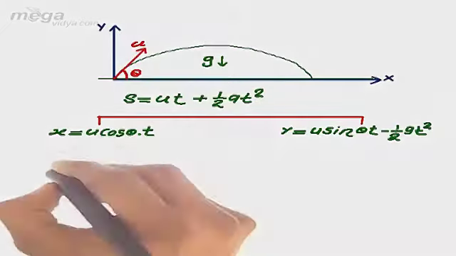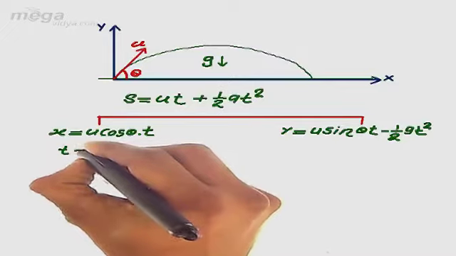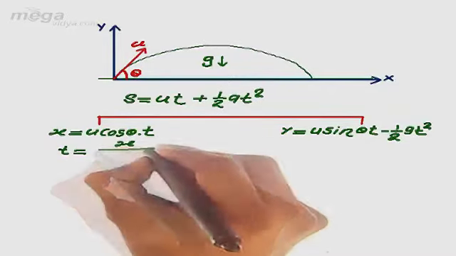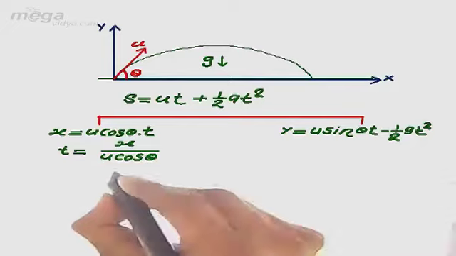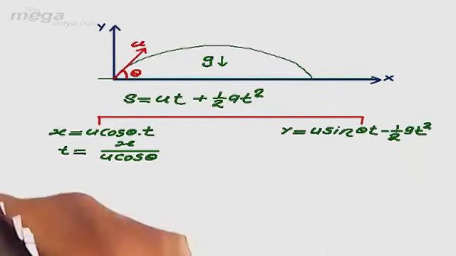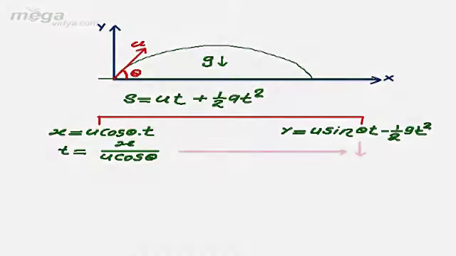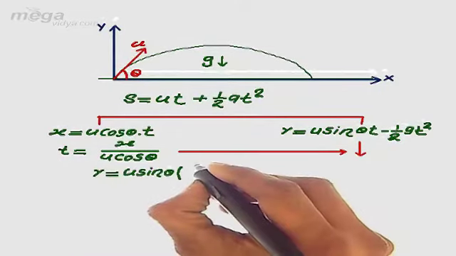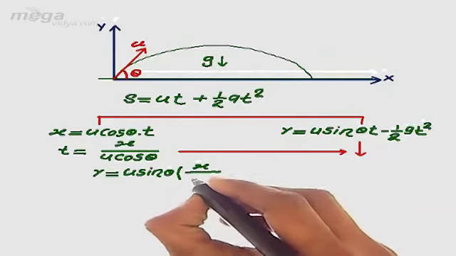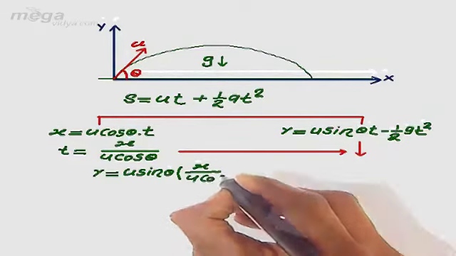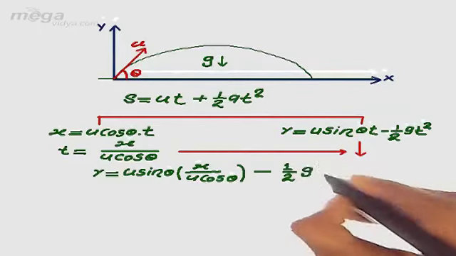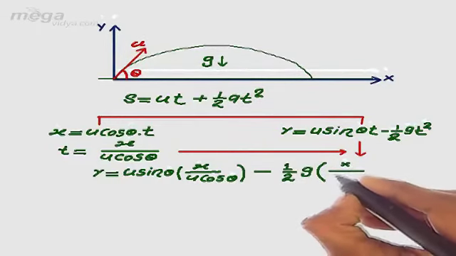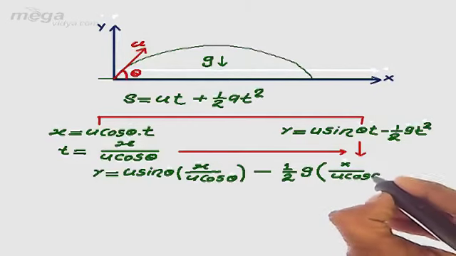If we obtain the value of time from this equation as x upon u cos theta and put it into the equation y equal to u sin theta t minus half gt square, then we get y equal to u sin theta multiplied by x upon u cos theta minus half g into square of x upon u cos theta.